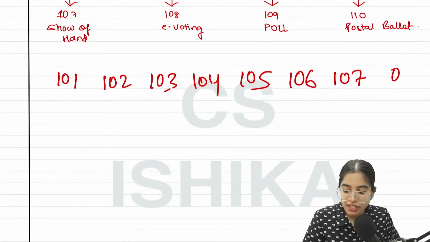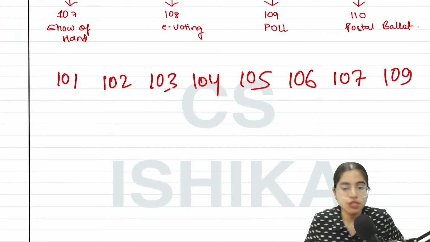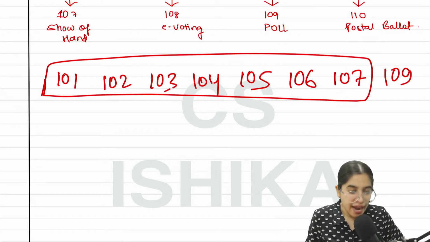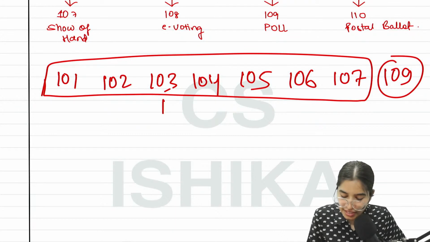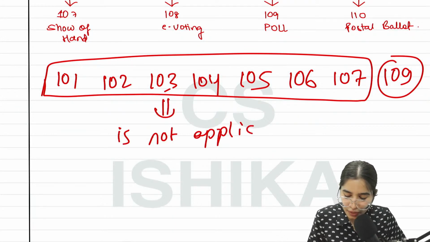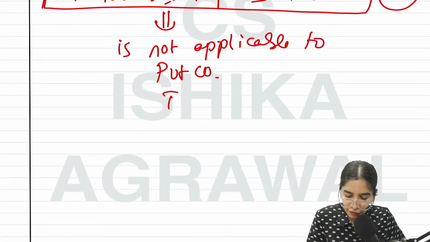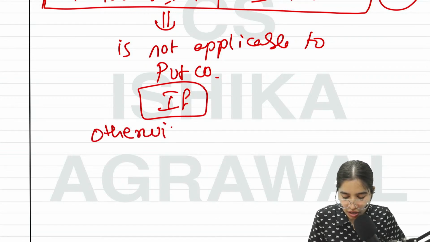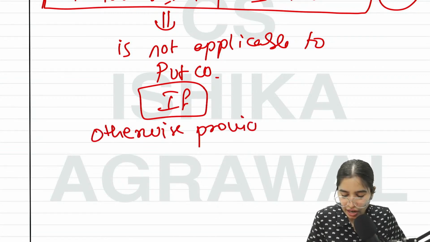After that we will study 109, which is poll. These sections, 101 to 107 and 109, are not applicable to a private company if otherwise provided in the articles.